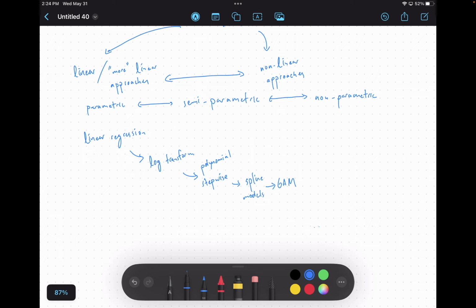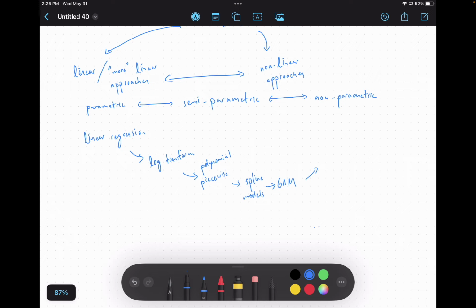Piecewise. My bad. Good catch. I'm glad you are paying attention. All right, piecewise. This is the multiple segments of the lines. Yeah, great. And then working our way towards fully non-parametric.